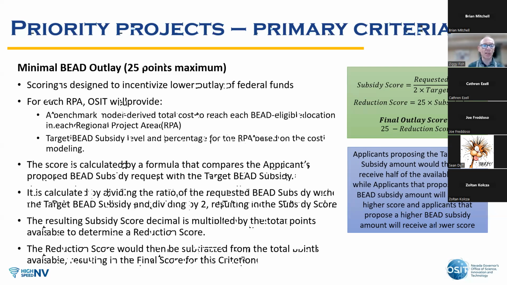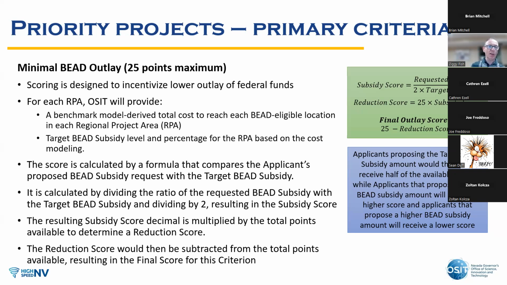And the subsidy level that you're proposing will factor into the calculation and compared to the benchmark target. I'm not going to go into the formula itself. It should be self-explanatory.